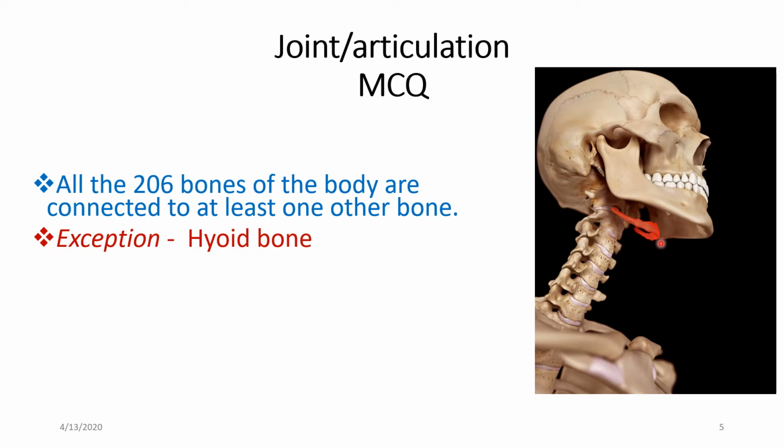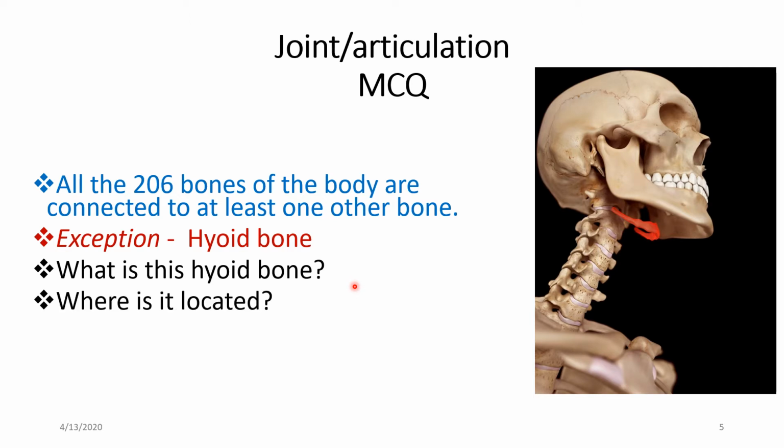This is the hyoid bone. Where is it placed and what is it? It's a U-shaped bone having a convex surface and a concave surface. It is located in the anterior part of the neck.